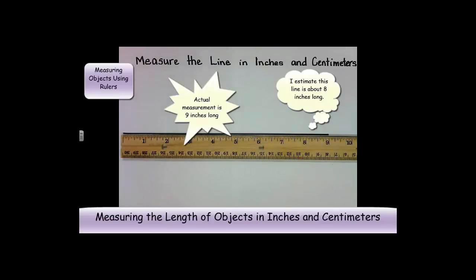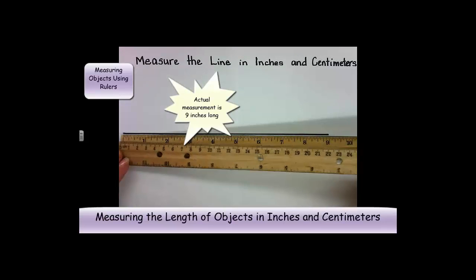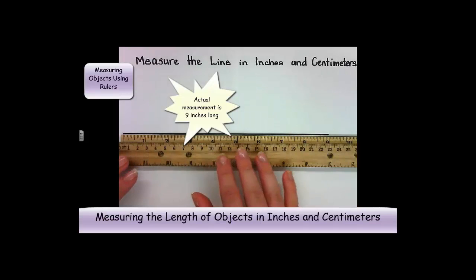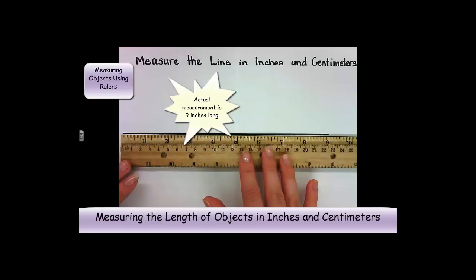So I'm going to take a different ruler and lay it on top of the ruler that I have here. I'm going to do this as carefully as I can to try to line up that 0 line that I have in this ruler with the 0 line on the inch ruler. And I'm going to measure the same line.